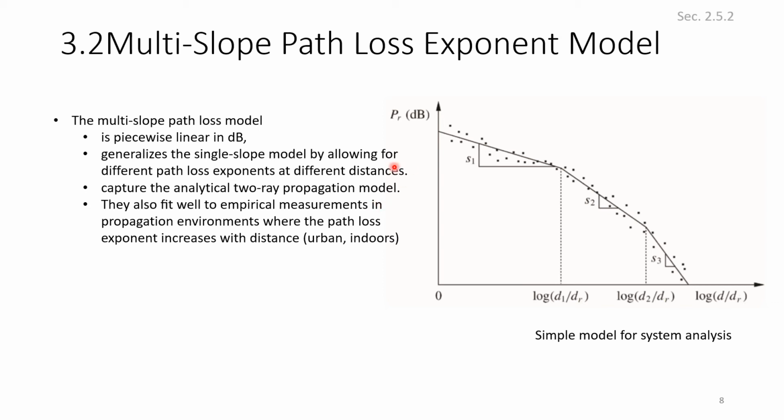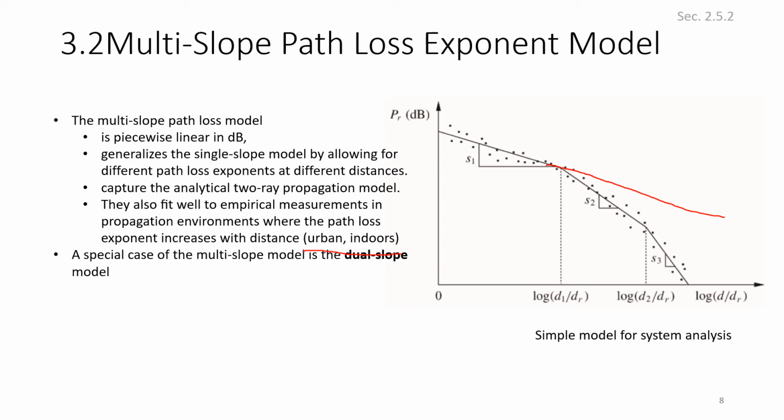So when we do measurement, we'll find at shorter distances we have an excellent fit to one line, but as we go away, we cannot continue with the same line fit. So it's maybe more appropriate to have a multi-slope path loss exponent. We notice that the exponent increases with distance for urban and indoor environments.